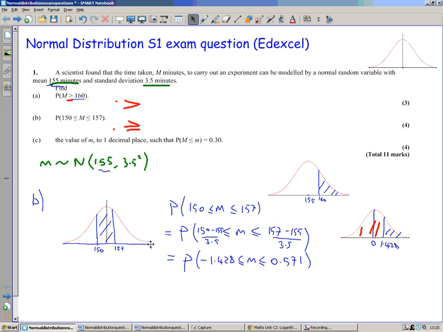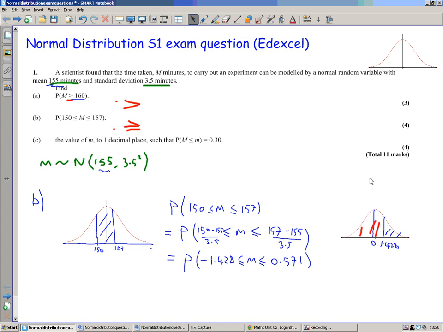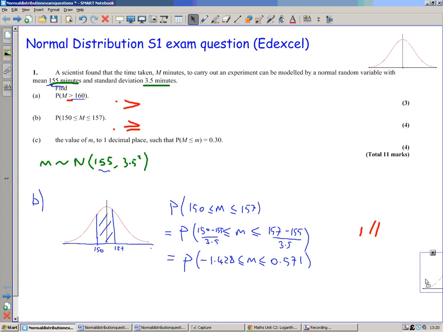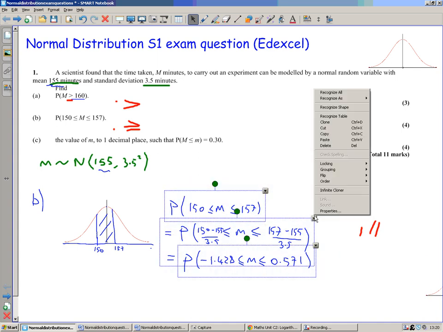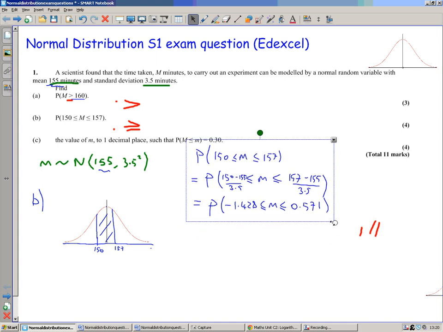Right, let's get rid of this bit. Any ideas here?